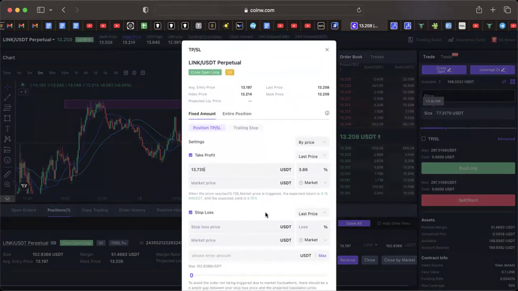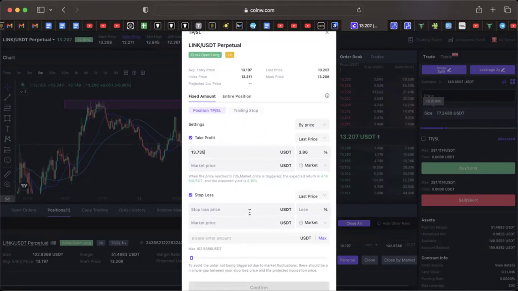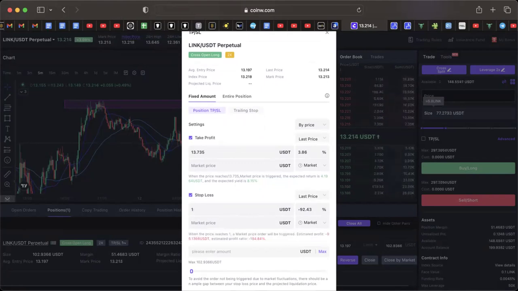Okay, you see that's going to give us $4 profit. So stop loss, we'll say 12.9 something, so 12.973 or so.